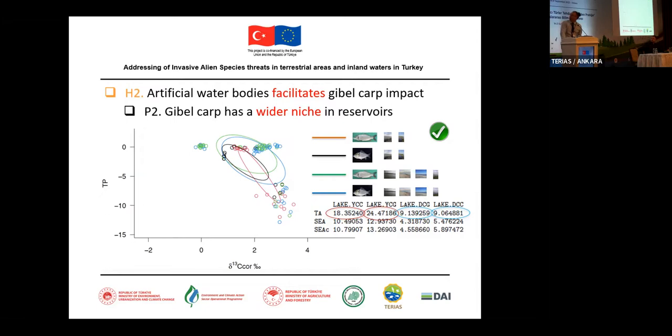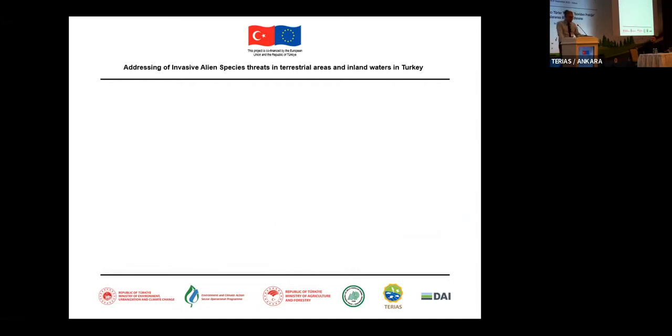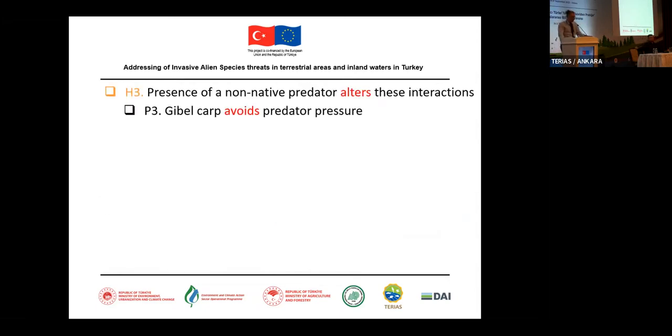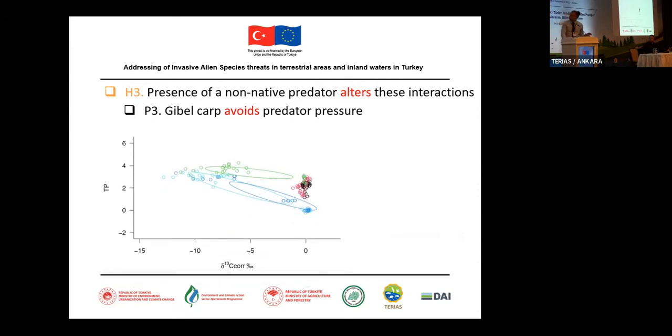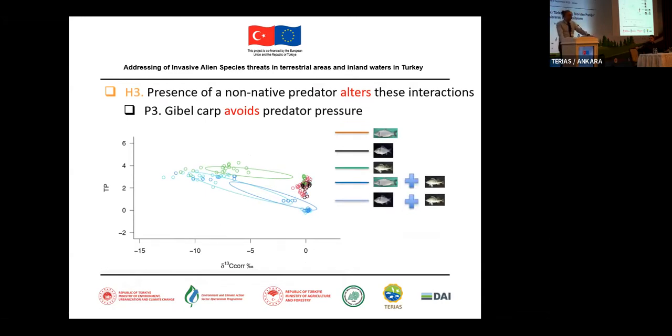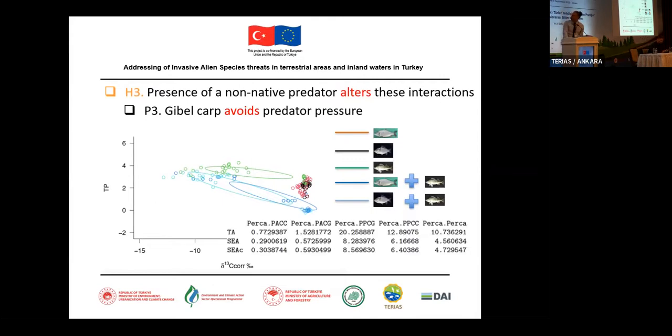Our third hypothesis is that the presence of a non-native predator alters these interactions, and our prediction was that gibel carp avoids predator pressure. We tried to see this by combining single and combined data use, and there are also interesting results.